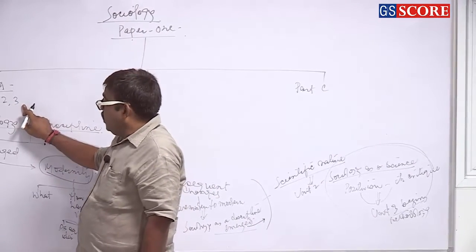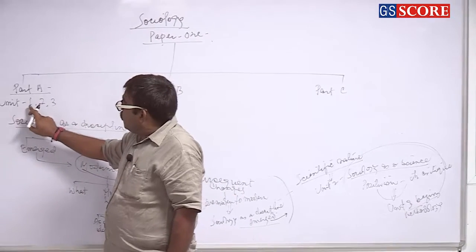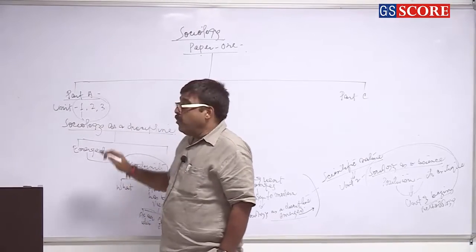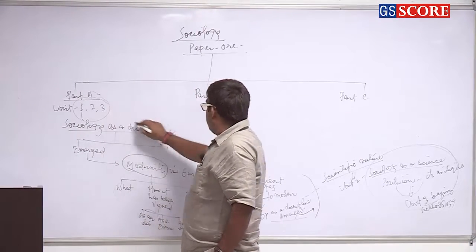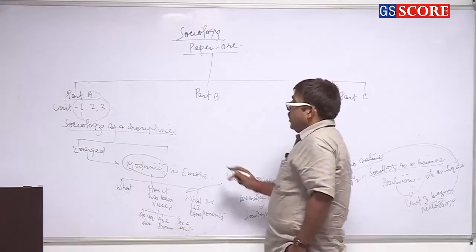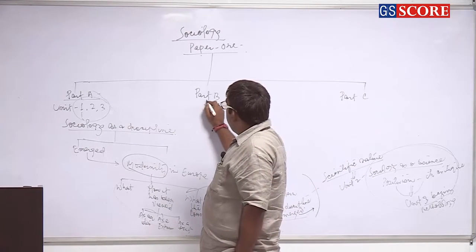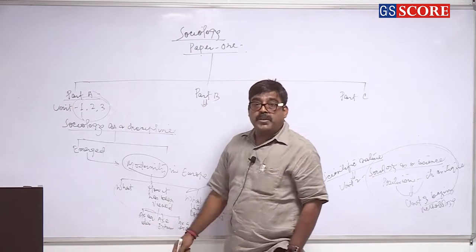What we'll have to do is, once we have known them separately, we will combine them together, and once we have combined them, units 1, 2 and 3 would be one unit, which would be kept in part A. Part B is the most important aspect of sociology.